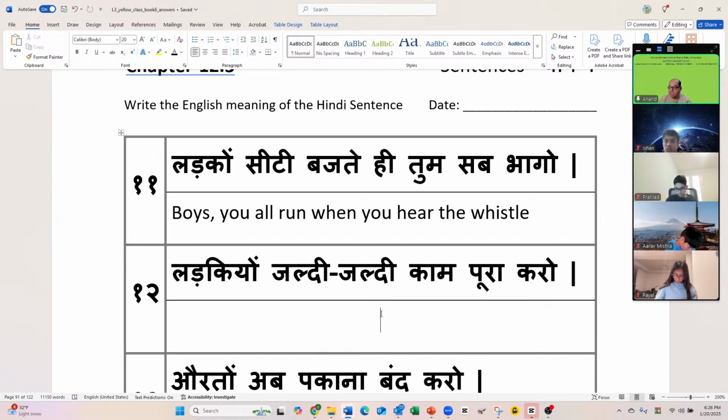Oblique is when a word changes when we use it in a sentence. So auntiyan is the plural word, but when we use it in a sentence, it becomes auntiyon. Auntiyon, सीटी बजने पर आप सब भागिए. Got it? So in Hindi, we have a third form which is called oblique. Questions, anybody?